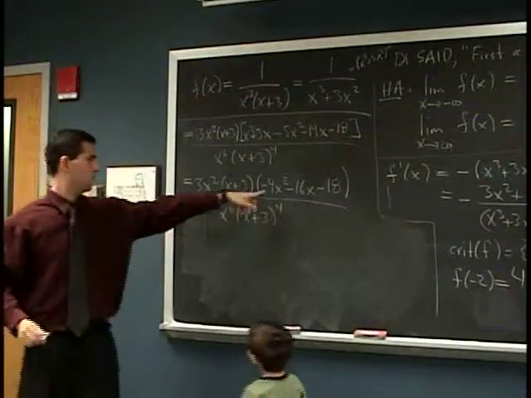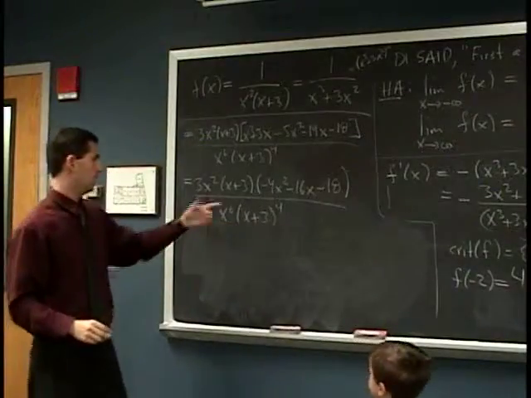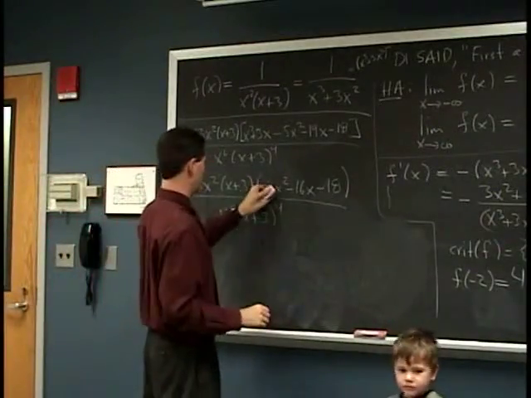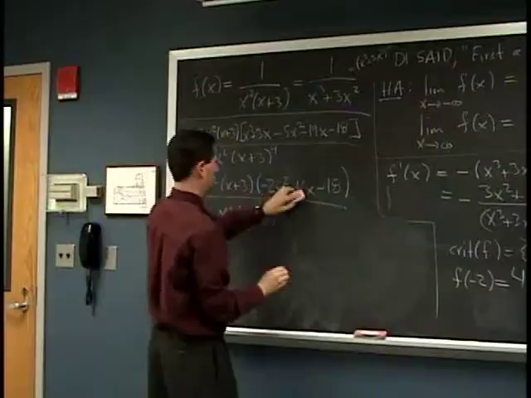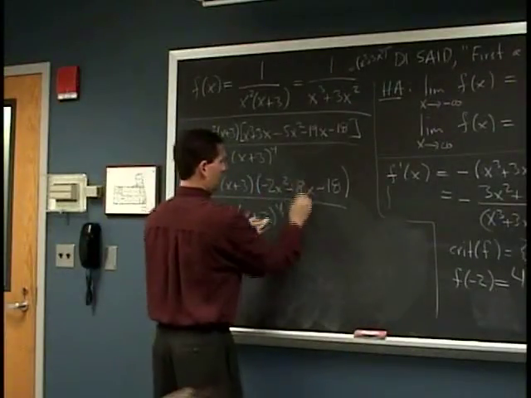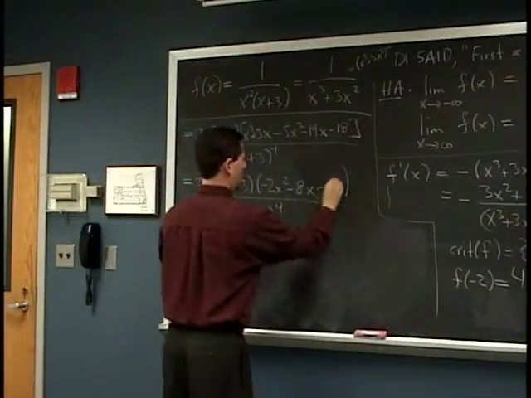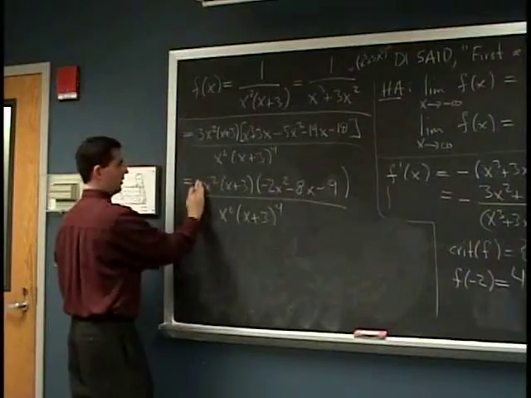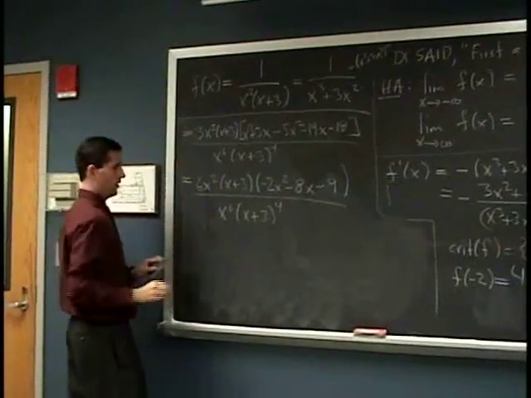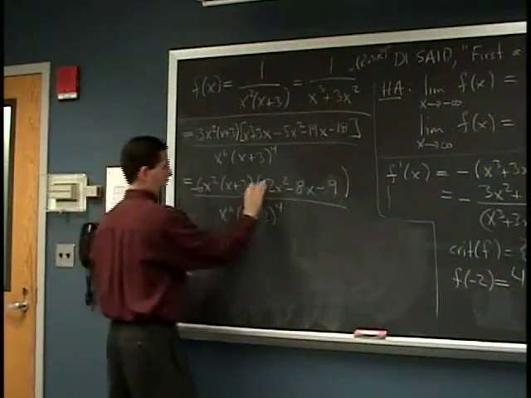And does that factor? Well, I can pull a 2 out if I want. It makes things easier. I just put the 2 into here. And I can make it a minus 6, and then all these become plus.